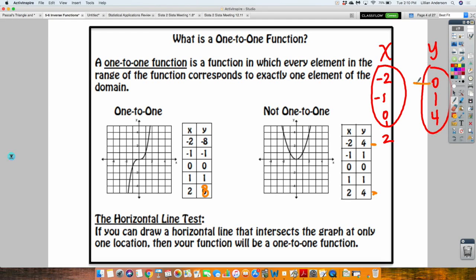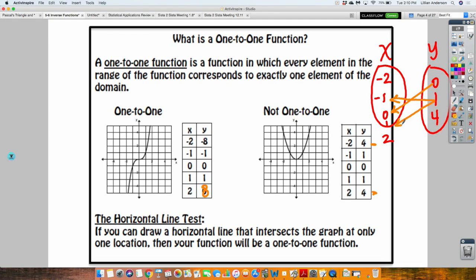So if 0 goes to 0, there should only be one arrow from the y bubble to the x bubble. If you look at 1 goes to -1 and it also goes to +1, that should not happen. There should not be 2 arrows coming from the same output value.